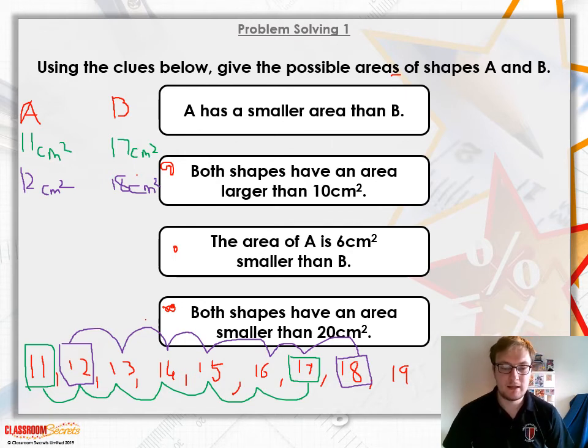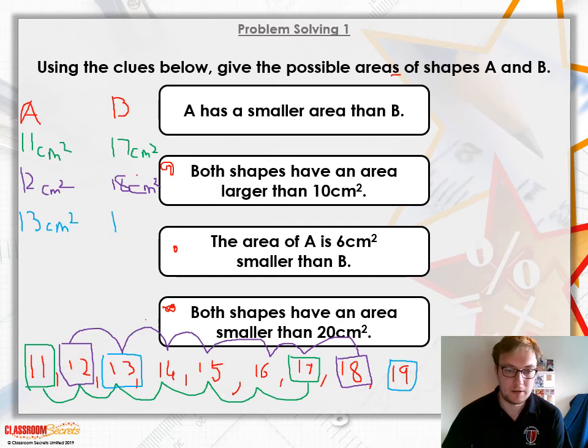If you're looking at the pattern here, we've got 13 and we've got 19. Both of them have a difference of 6, with A being smaller and B being larger. There are your 3 possible answers for this problem solving question here.